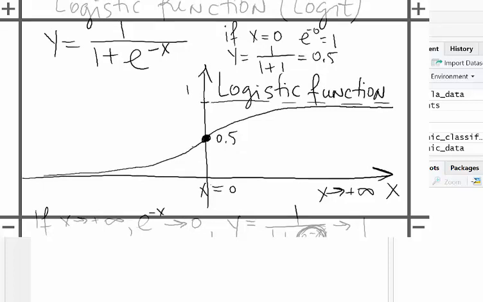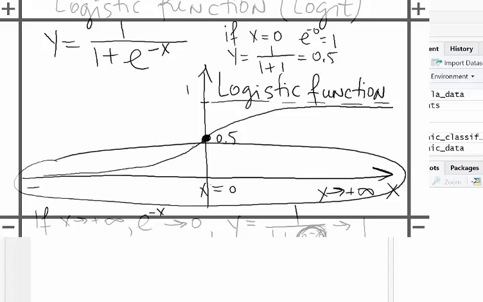Man, I can't draw today. So this is how my function behaves. Do you see what happens? I take the whole range of my possible values of x, ranging from minus infinity all the way to plus infinity, and for each value of x, I get answers which are all squeezed into the range from 0 to 1.